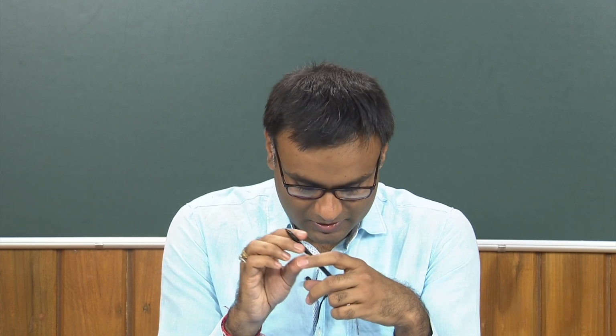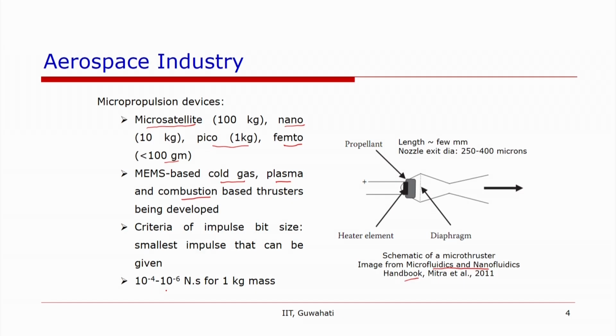It is very important that one should be able to produce the amount of impulse accurately, so that the desired control direction can be given to the satellite. You can see from here the kind of numbers that are required: for 1 kg mass, the impulse required is about 10 to the power minus 4 to 10 to the power minus 6 newton seconds.